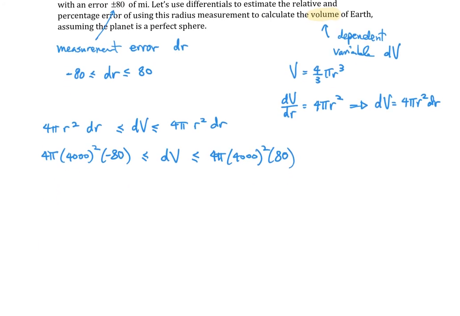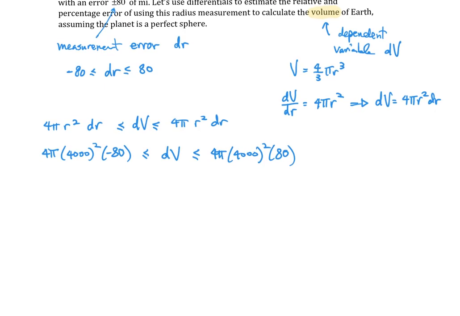Now remember, I'm not looking for dV, I am looking for the relative error. So I need to divide through by whatever the actual volume is. I wrote my volume formula up there, so let's write that in for our denominators over here. We're going to get 4/3 pi times 4,000 cubed and 4 pi/3 times 4,000 cubed, like so.